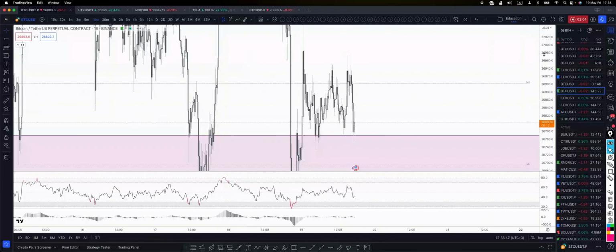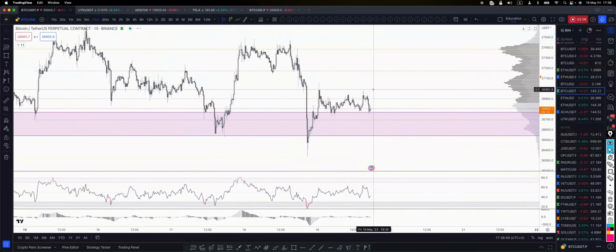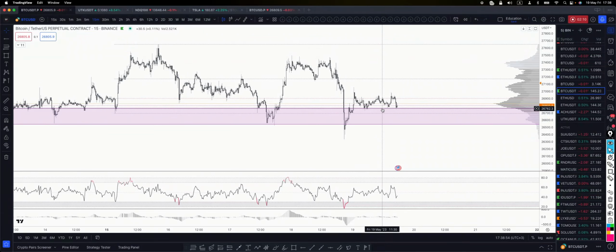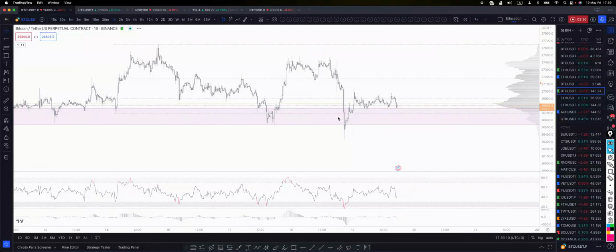That's it. But it still doesn't change the fact, because yes, it looks bad, but it's still above support, right? That's why I cannot really short it, because the RR is not there. Where am I going to short it to, resistance, to support? So what I need to see personally, let's go into a higher time frame.